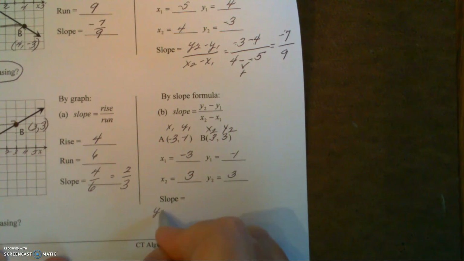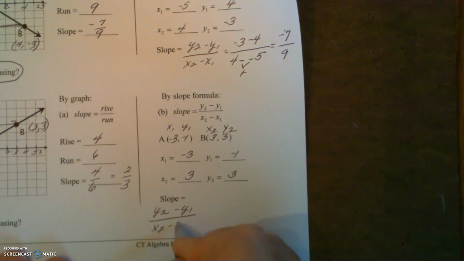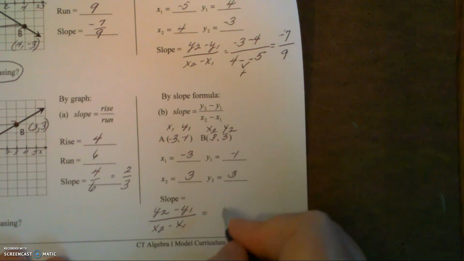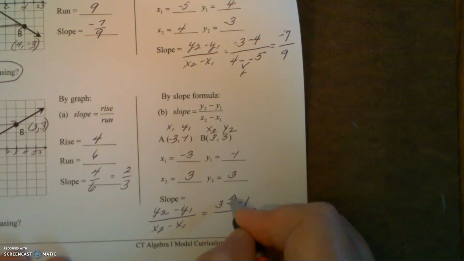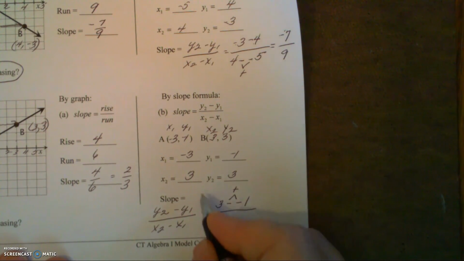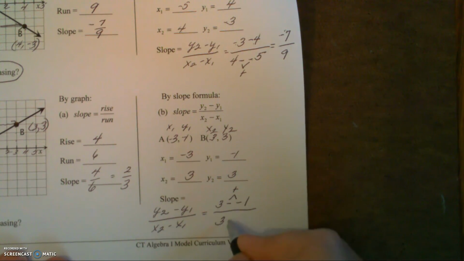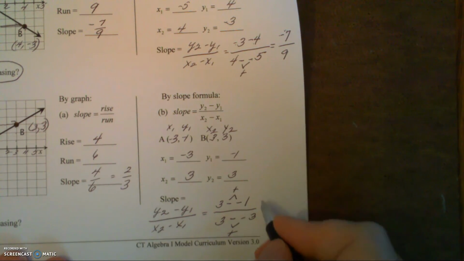The formula for slope is y2 minus y1 over x2 minus x1. So we are going to take y2, which is 3, subtract -1, remember this becomes a positive, and then we're going to take x2, 3, minus -3, and this becomes a positive.